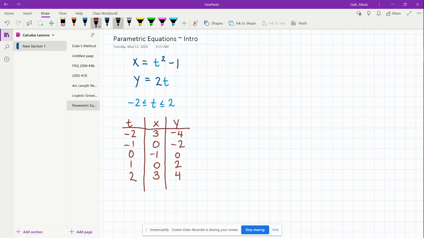So if I want to make a graph of that, I'm going to make an xy plane here. We don't graph t, we just graph the x and the y values.